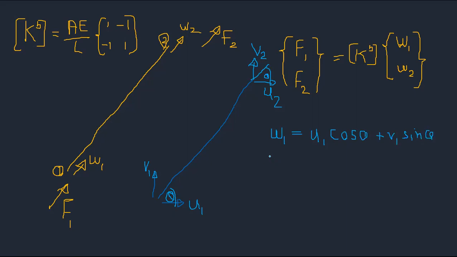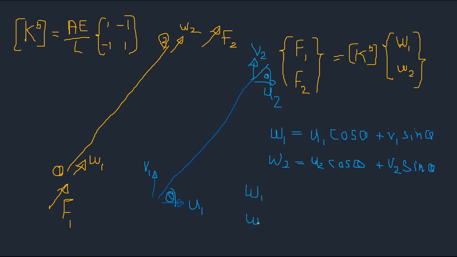Right? W2 is U2 cos theta plus V2 sin theta, right? So you can write this in matrix form.